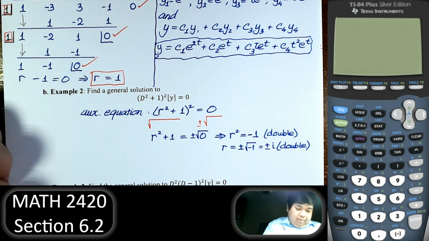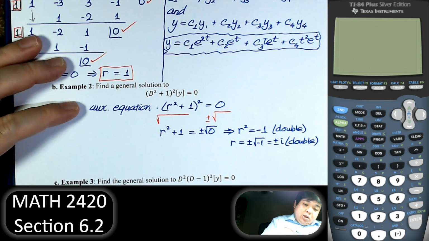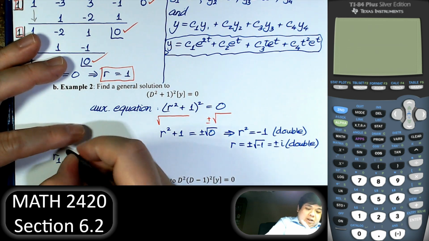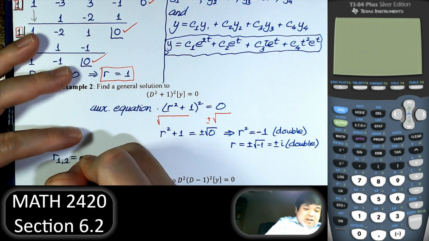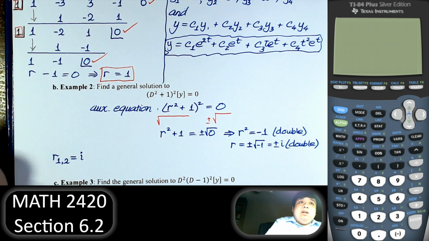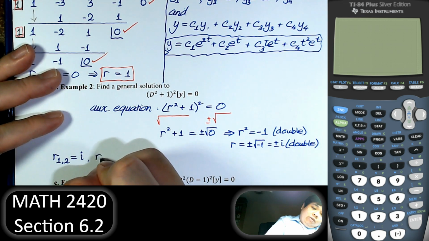What does that mean? Meaning that we have r1, r2 equal to i and r3, r4.